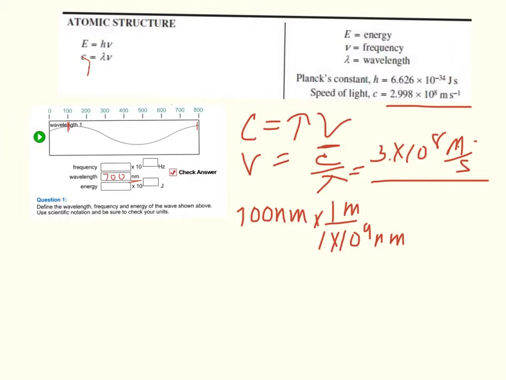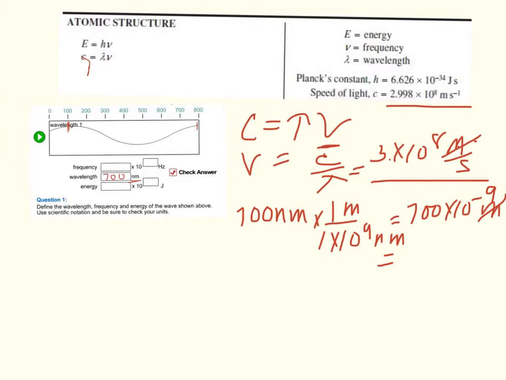So that's going to give me 700 times 10 to the minus 9 meters. Okay? So that's my denominator. So when I divide those, I'm going to get 3.0 times 10 to the 8th meters per second divided by 700 times 10 to the minus 9 meters. And my meters are going to cancel out. And I punch that into my calculator.